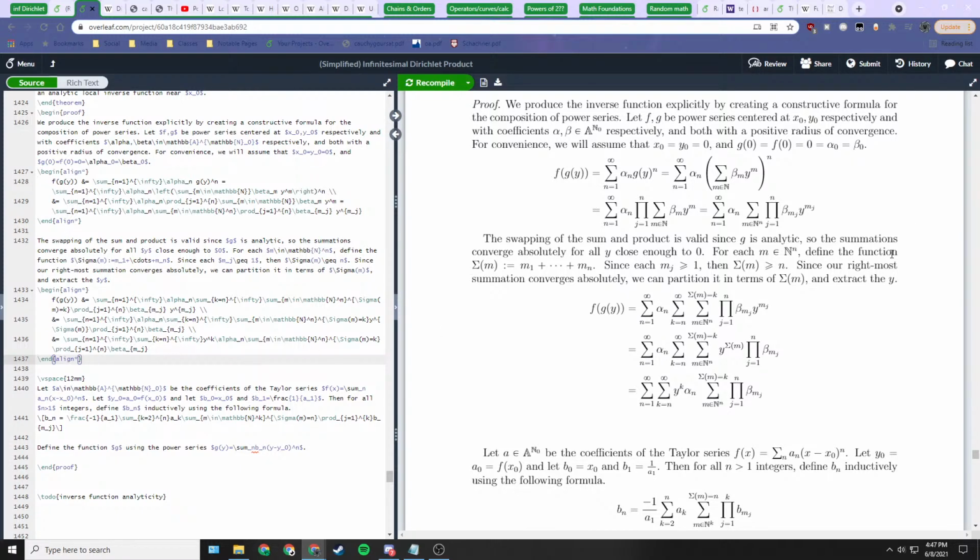I want to make sure it's clear that this is justified. So we're about to swap these. Actually, I'll do the swap now. Instead of n equals 1 to infinity, this is k greater than or equal to n, so equivalently n is less than or equal to k.